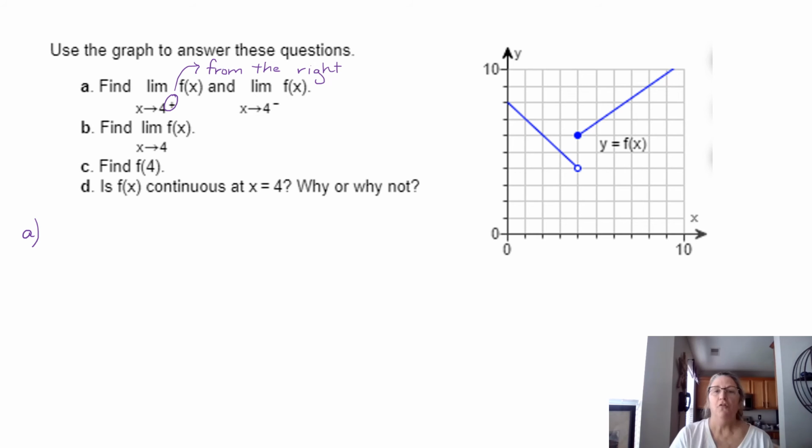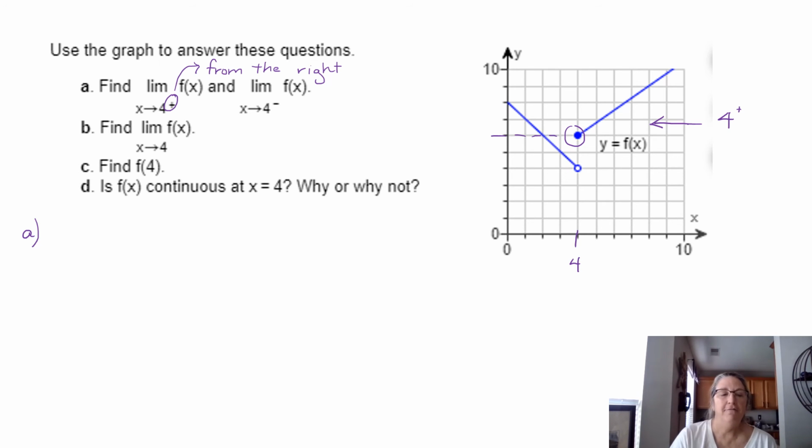So from the right, going this direction for the 4 plus, at x is 4, it's approaching this y value.